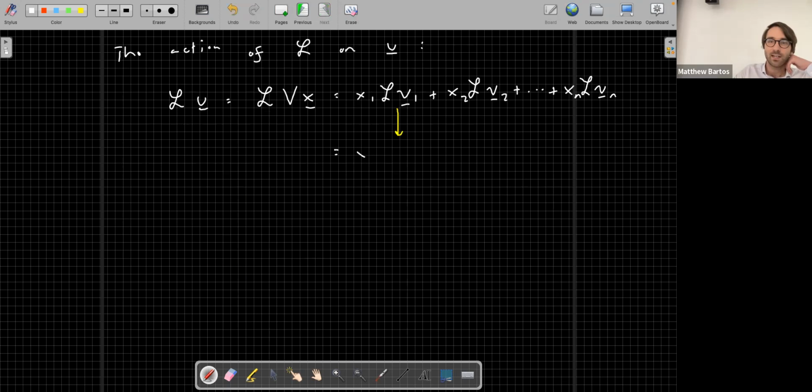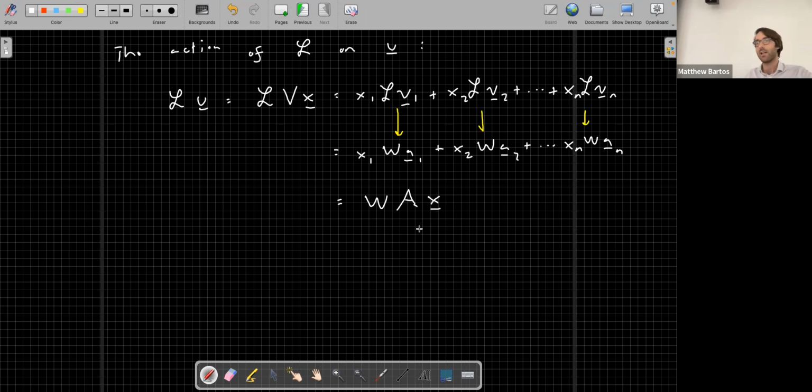So this will be X1 W times A1 plus X2 W times A2, and so on all the way to Xn W times An. If we factor this out, we can write this using our definition of the matrix vector product as W, our matrix of the bases of the codomain, times our matrix A times X.